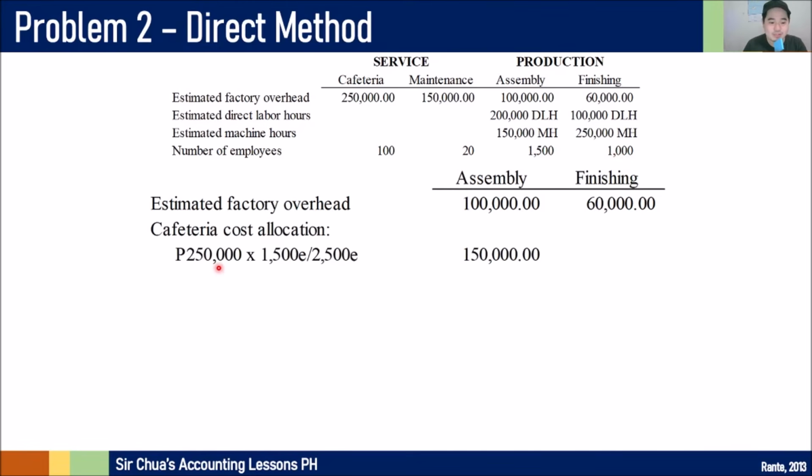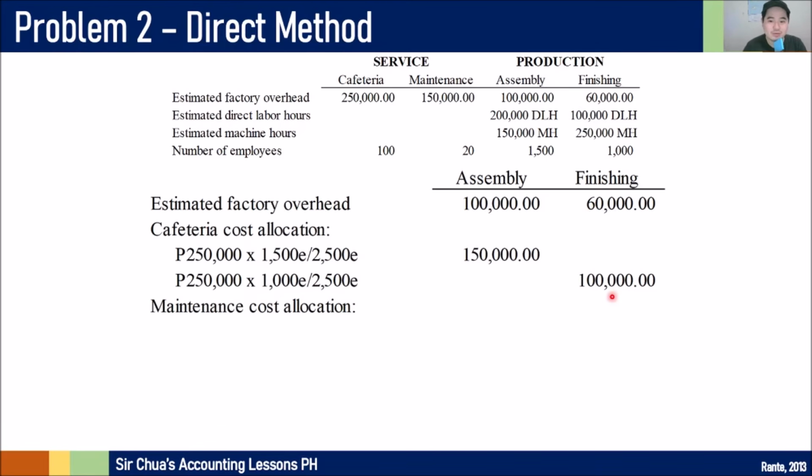So, 250,000 cafeteria cost multiplied by 1,500 employees in the assembly department divided by 2,500 employees overall. 150,000 goes to the assembly department. Now, for finishing, it's 250,000 times 1,000 over 2,500, which is 100,000. Pag pinag-add nyo itong dalawa, dapat yan yung 250,000. So, na-allocate na natin si cafeteria.